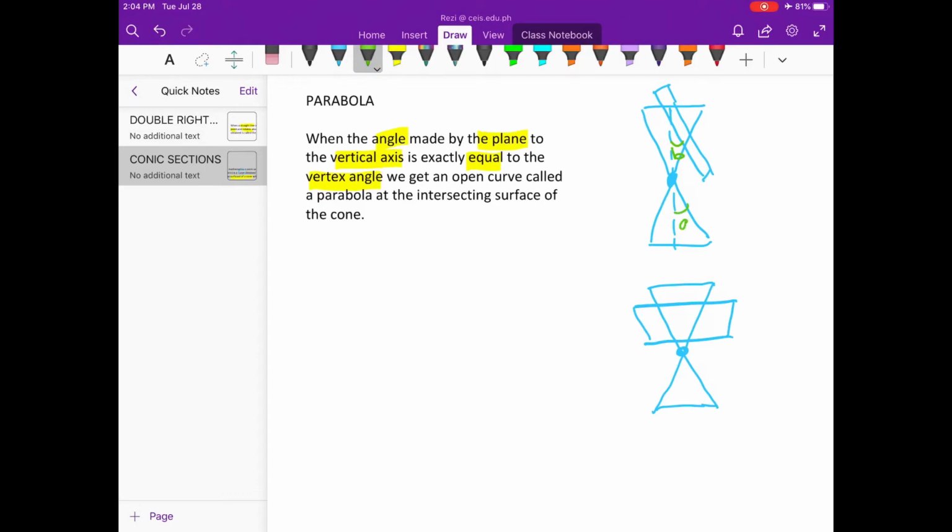Let's name this angle A. So if A is equal to B, therefore an open curve will be formed called parabola. If you look at the front view here below, it will form a U-shaped curve.